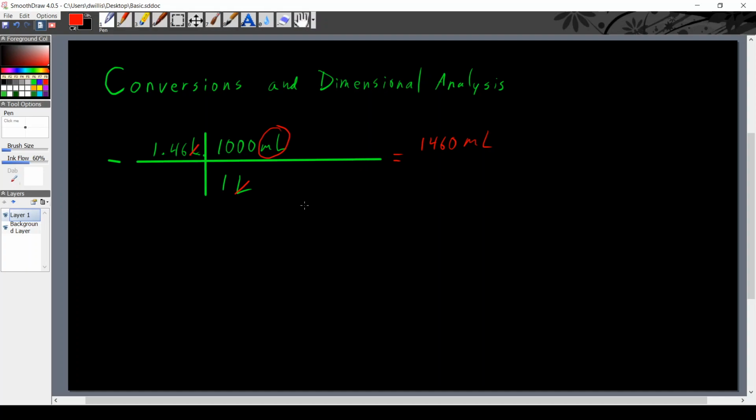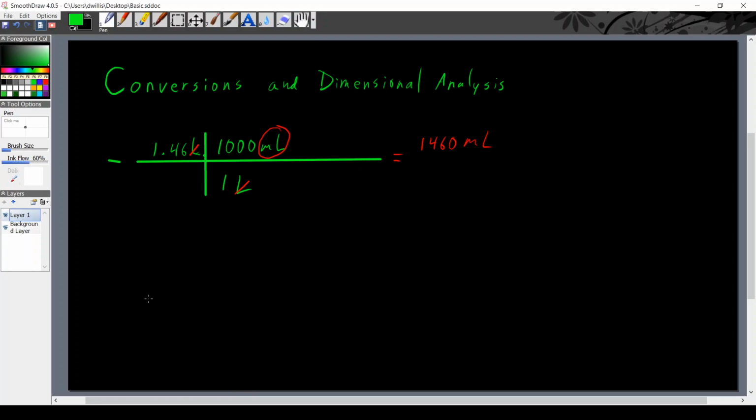So let's practice that real quickly within the customary to metric system, and that works the same way, except we just need to use different conversion factors. So let's say that we would like to convert inches into, let's just say, centimeters.